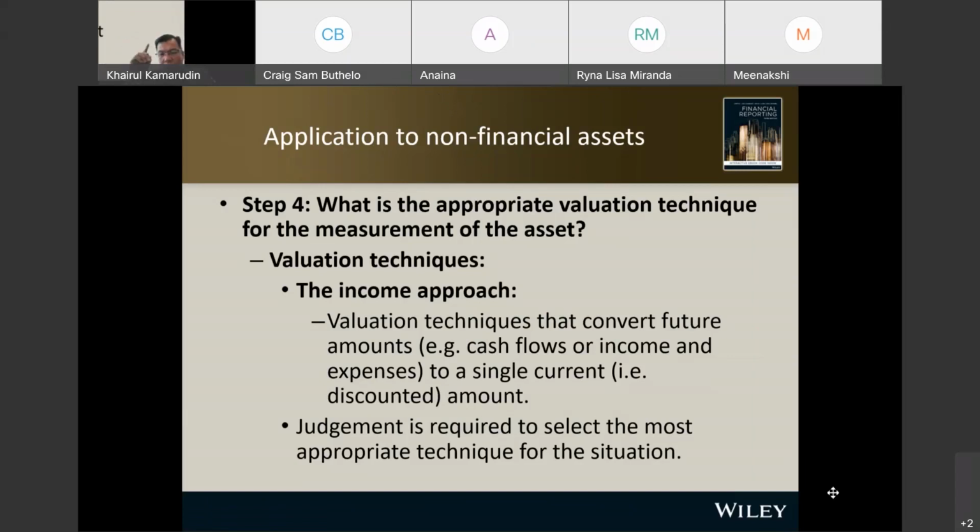So you're going to draw the timeline and then discount all that amount, the cash inflow and outflow. From there, you determine the present value. But this requires special judgment.